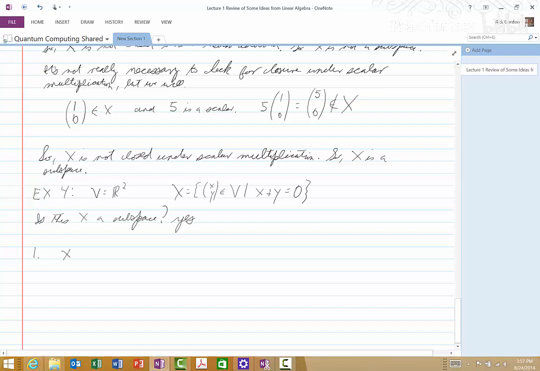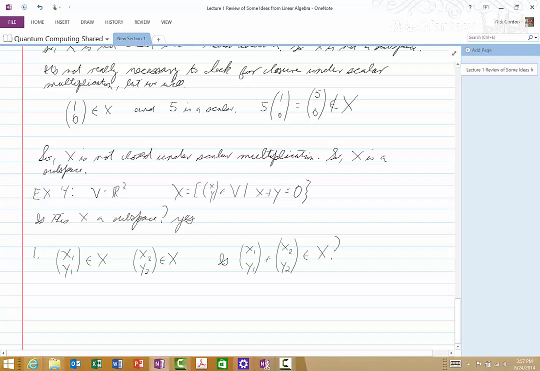So I'll pick (x1, y1) to be an element of X, and (x2, y2) to be an element of X. And then I ask, is (x1, y1) plus (x2, y2) an element of X?